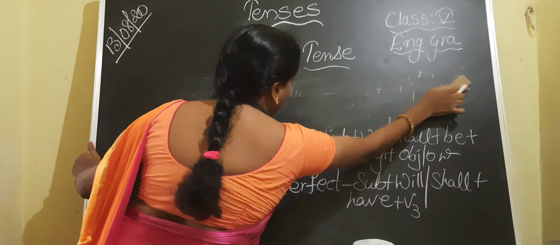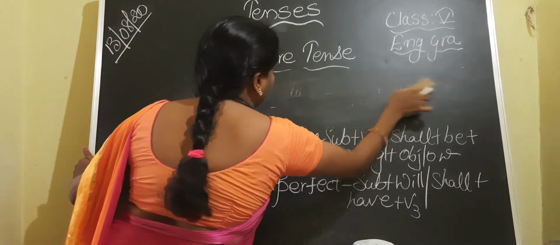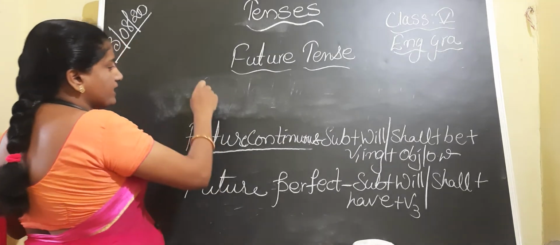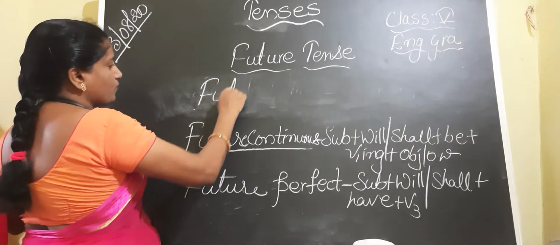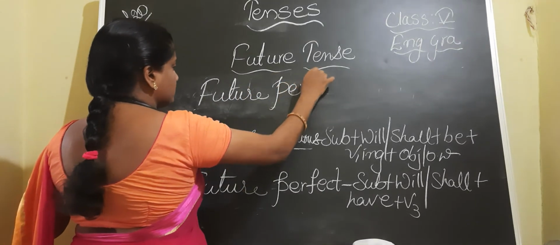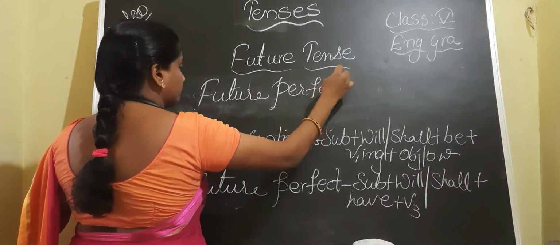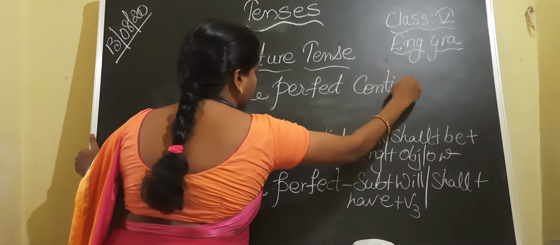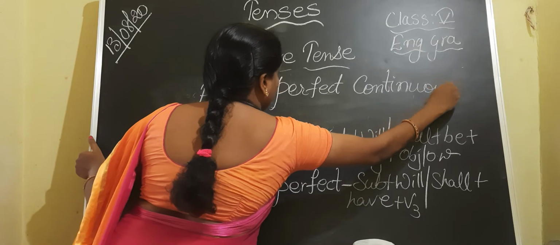Now our last tense children, future perfect continuous. Means this action continues after the time of the speaking also.